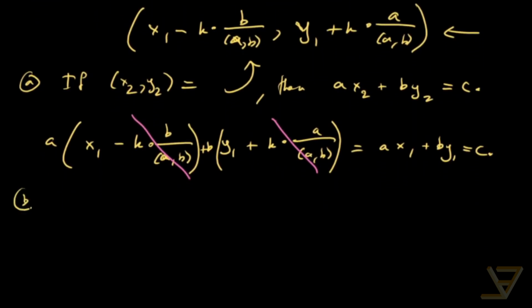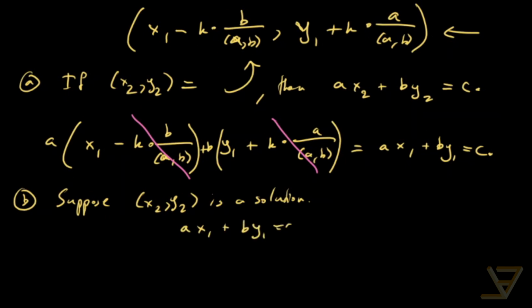Now we tackle the harder direction, for which we're going to need Gauss's divisibility lemma. Suppose x2, y2 is a solution. Then we know that ax1 plus by1 is equal to c, and we know that ax2 plus by2 is equal to c.